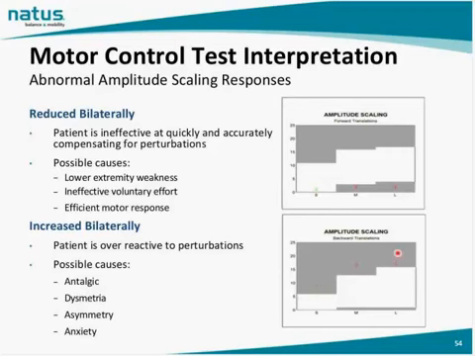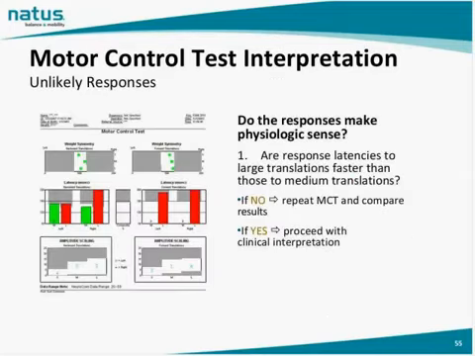If it's increased bilaterally, then you have other issues that can come into play, antalgia, dysmetria, asymmetry, could be anxiety, they could be sufficiently stressed that they will be over-responsive to these kinds of exams as well.